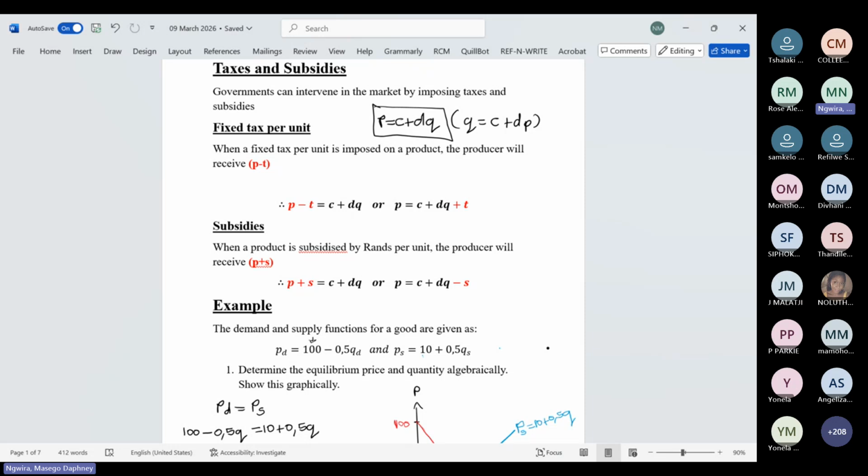If you listen to the question, they're saying that the tax is charged on the producer. So the producer will be the supplier at that time, so you'll be adjusting the supply function, not the demand, based on the question.